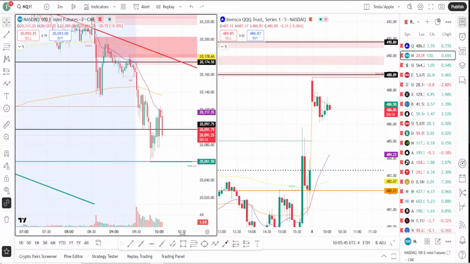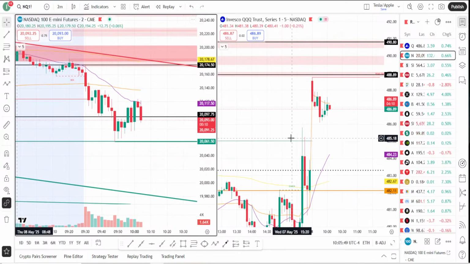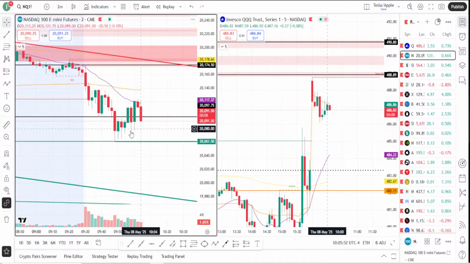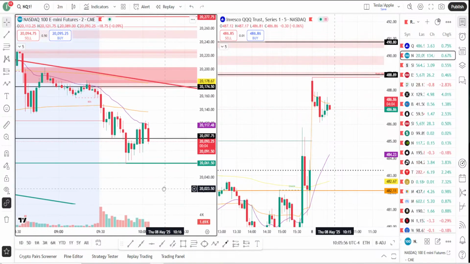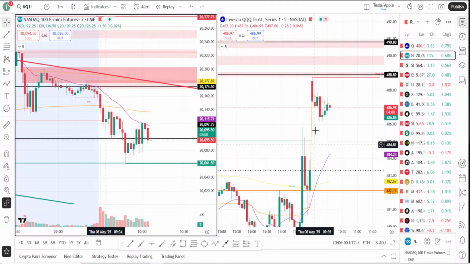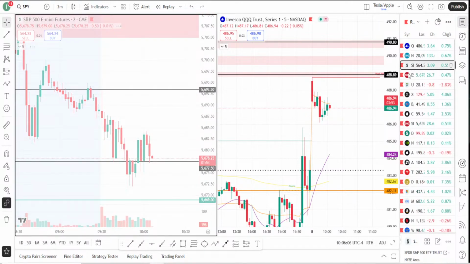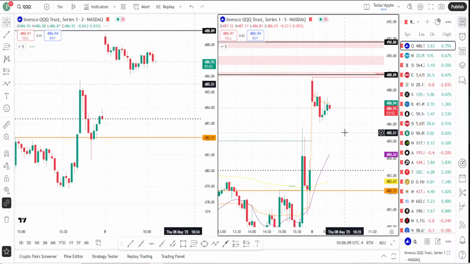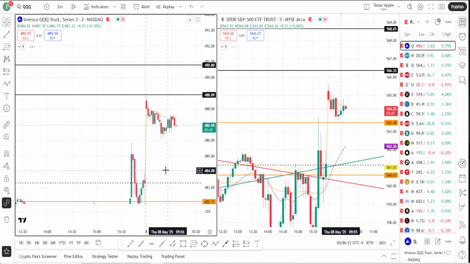Strong close, strong close. And even then, still low size on this one because we still have support down here. But I think we want to fill that gap over here on the Qs, gap on the ES. Try SPY. Okay, you have that gap here.